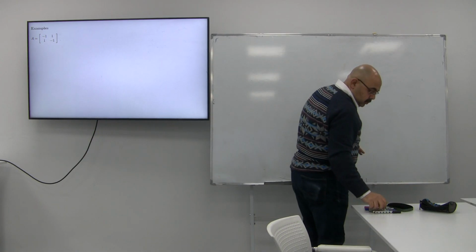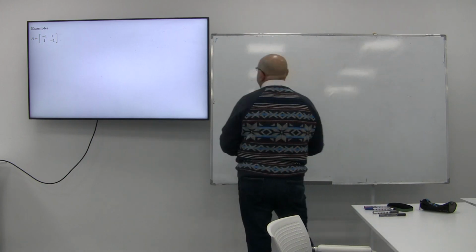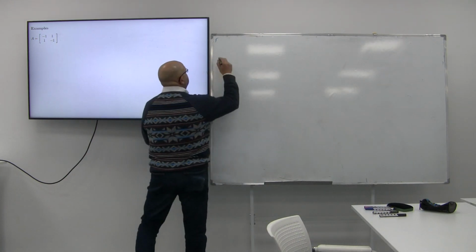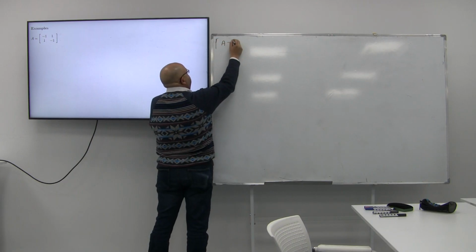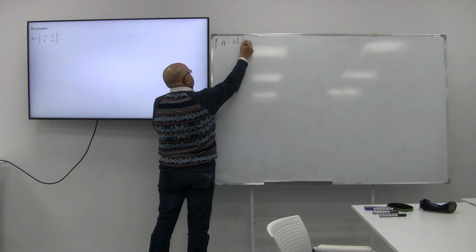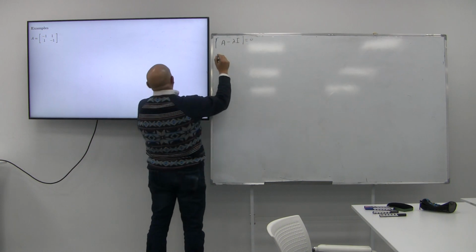Okay, so let's go once more. I will get to the characteristic equation, which simply states that the determinant of A minus lambda I equals 0.